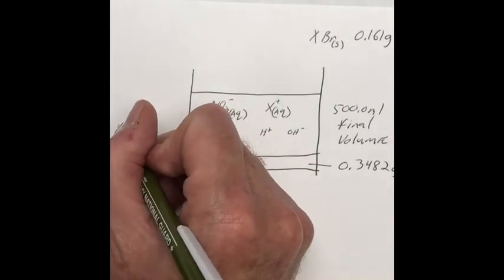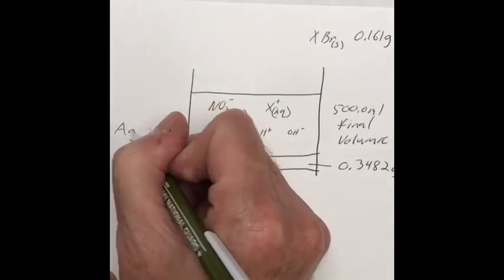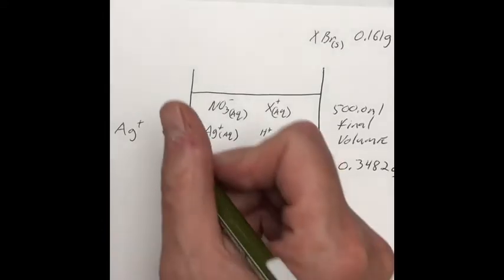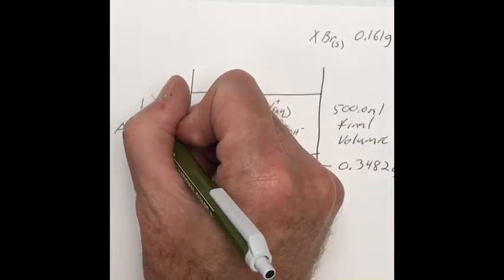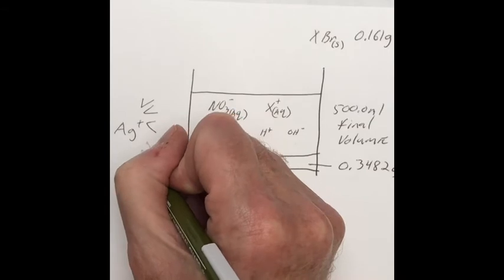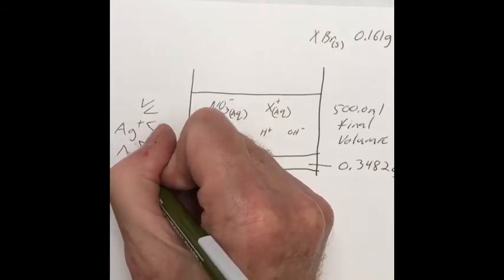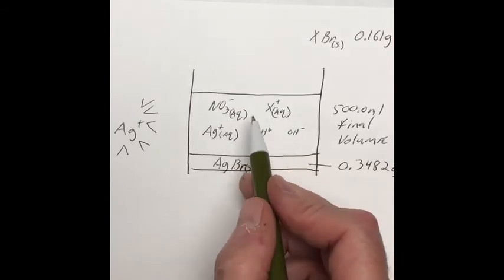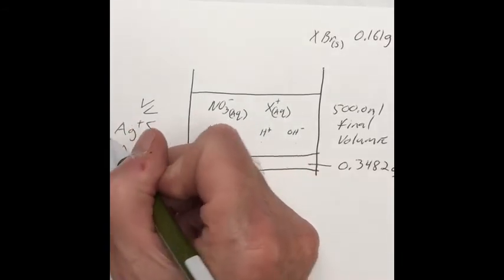But just looking at the silver ion, the water, which is polar, has a partially negative oxygen and two partially positive hydrogen tails. So if we do a shorthand version of the water, we can get an idea of what it means when we say aqueous. Aqueous is when these ions are hydrated by this water.